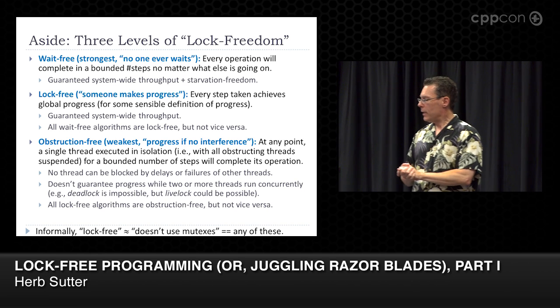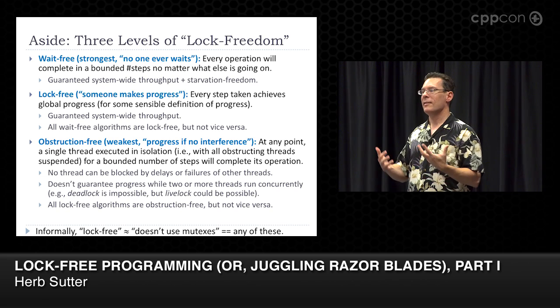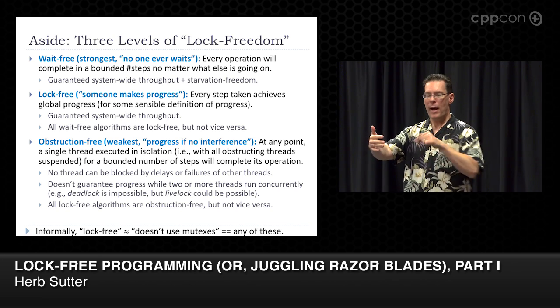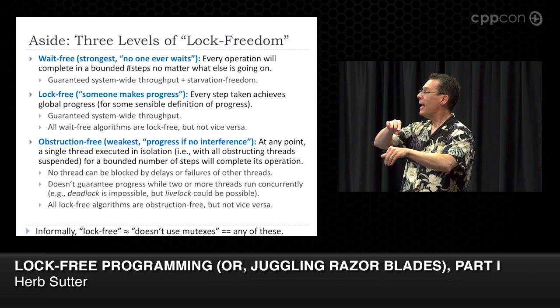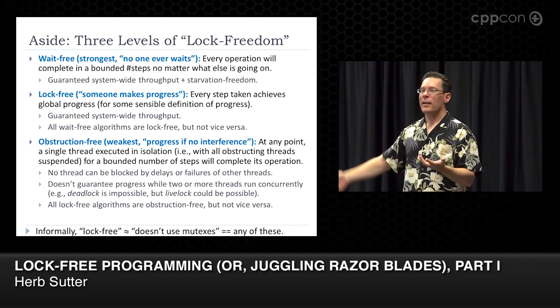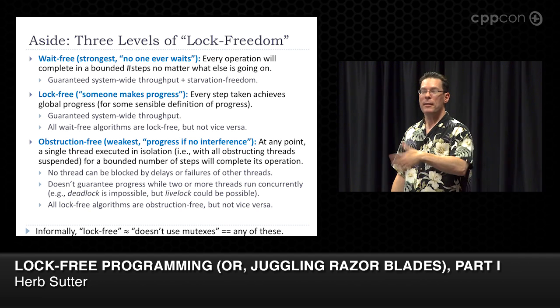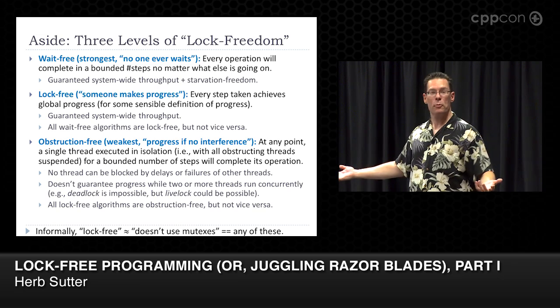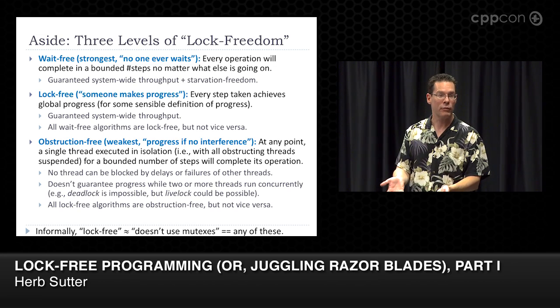The next level down, if you can't quite get that, is called lock-free. The way to think about this is somebody makes progress. If my thread has to wait, so it's not wait-free, it's because somebody else made progress. Unfortunately, unless you have an idea of fairness, which usually you don't, I might be the loser forever. So, great for the world, everybody is making progress, but in the worst case, pathologically, I could be the one who waits forever.